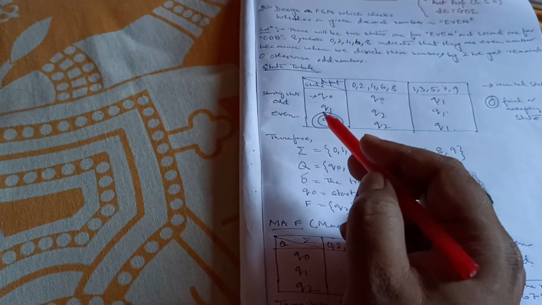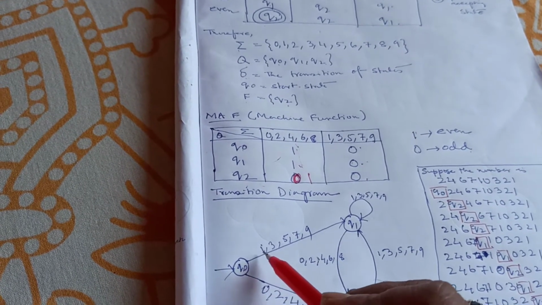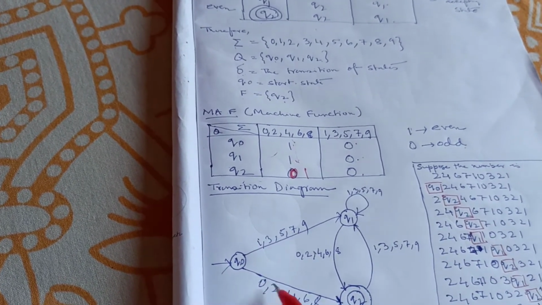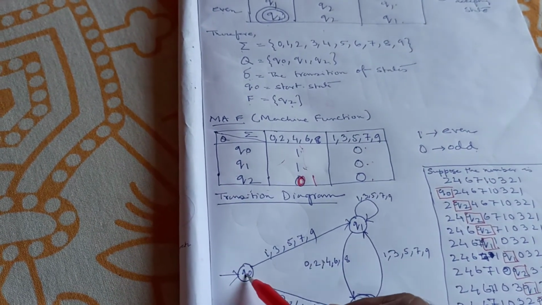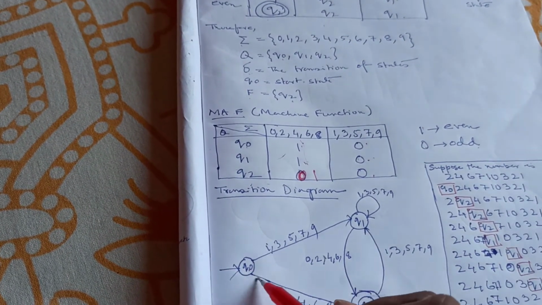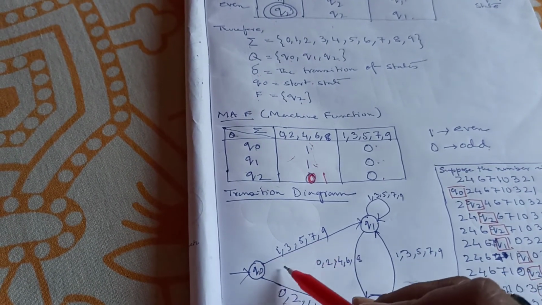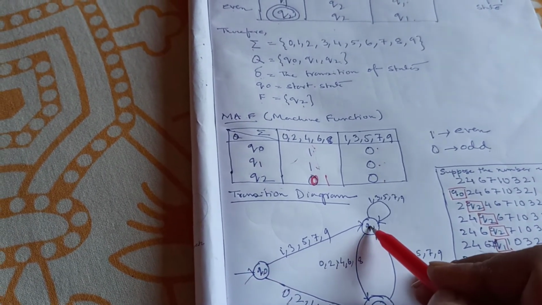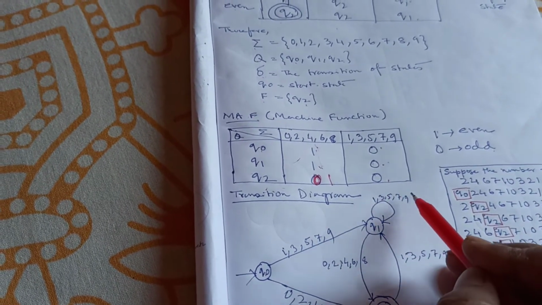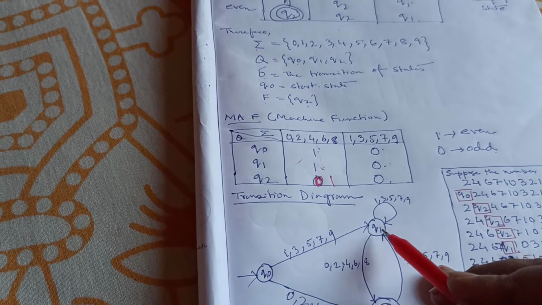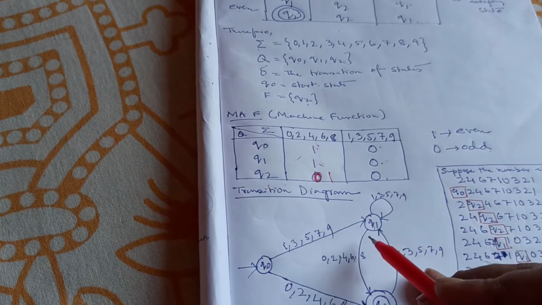From the state table we can easily see that from Q0, if it gets 0, 2, 4, 6, 8, it will go to Q2 state. If you are in state Q0 but you get 1, 3, 5, 7, 9 as input, you will move to Q1 state. Suppose you are in state Q1 and you get 1, 3, 5, 7, 9 as input, there will be a self loop on Q1 state.